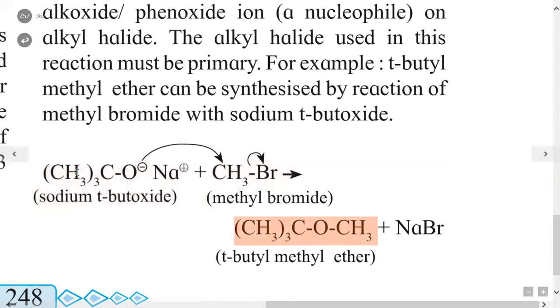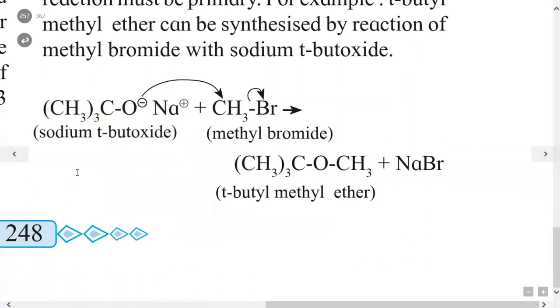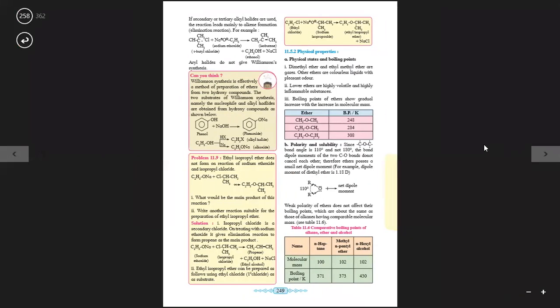Here this ether is tertiary butyl methyl ether. Side product is sodium bromide. So this is preparation of ether by using Williamson's synthesis.